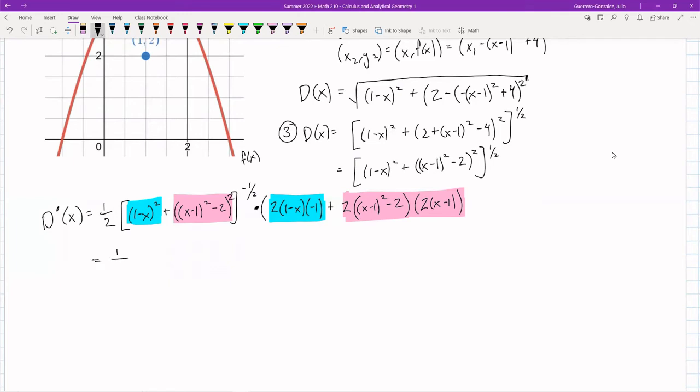This now reduces to 1/2. I'm going to rewrite this all again. 1 minus x quantity squared plus x minus 1 squared minus 2 squared to the 1/2.